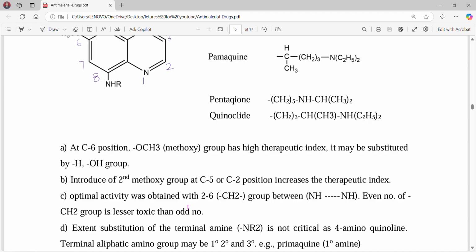Optimum activity was obtained if we substitute a CH2 bridge at the NH carbon atom, that is the amine carbon atom.